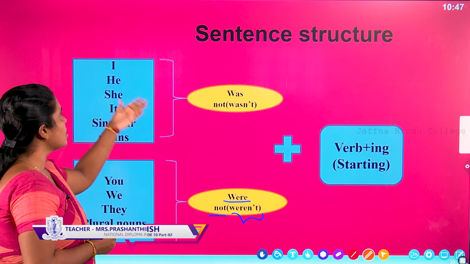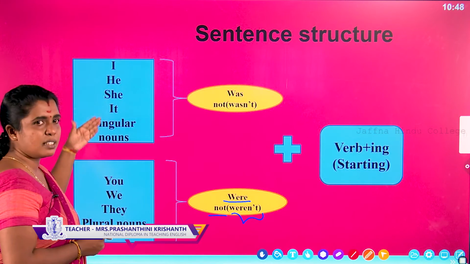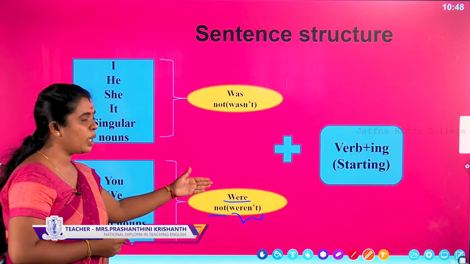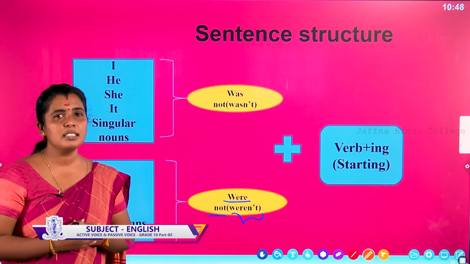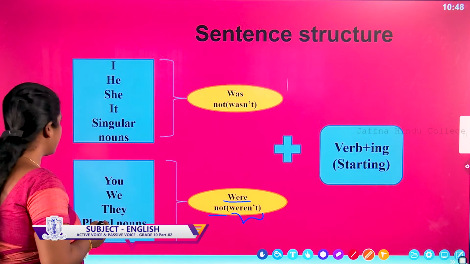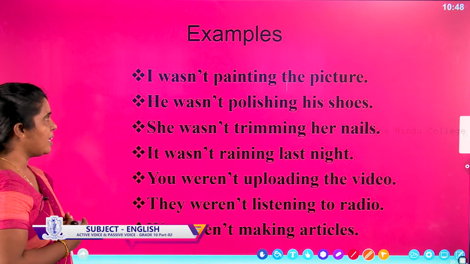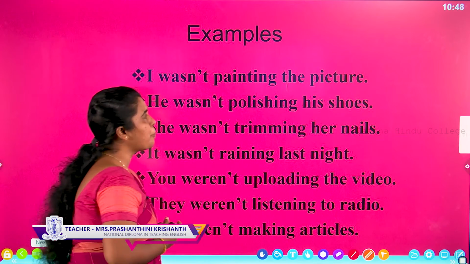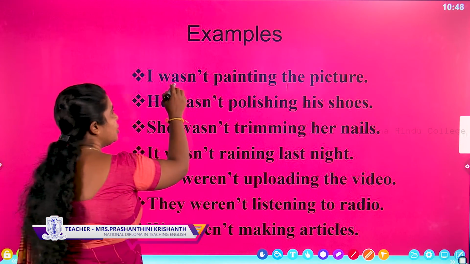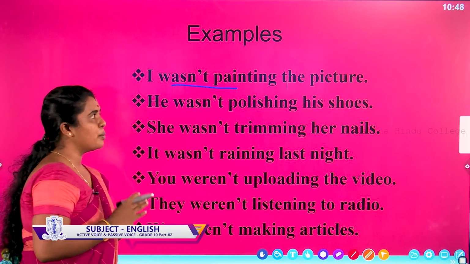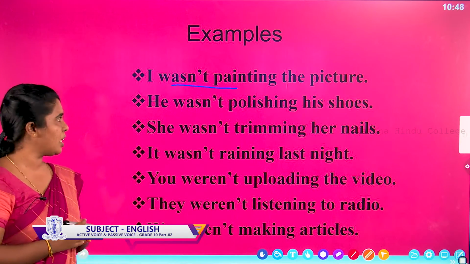So, was not, I, he, she, it and the singular nouns. Were not, you, we, they and the plural nouns. Right. Now see these examples. I wasn't painting the picture. Right. So we are adding here not. I wasn't painting the picture.